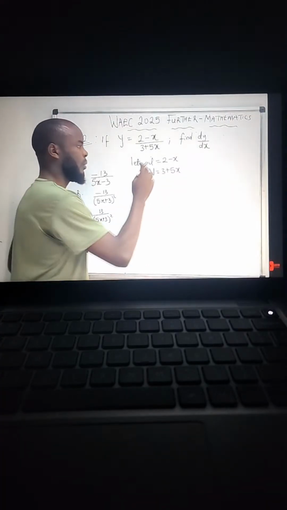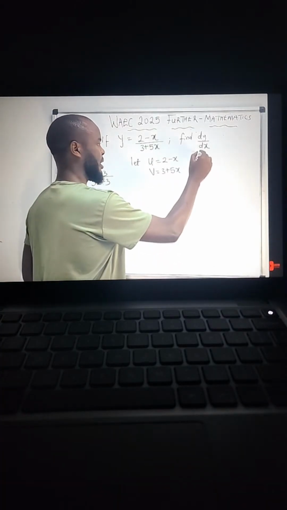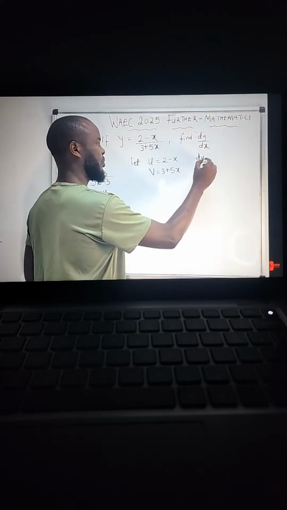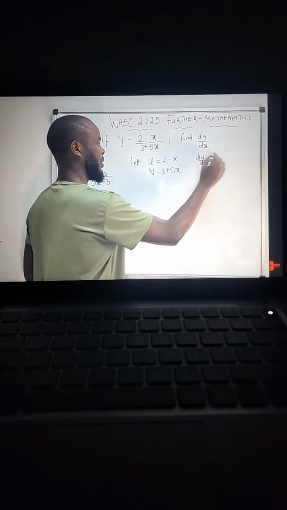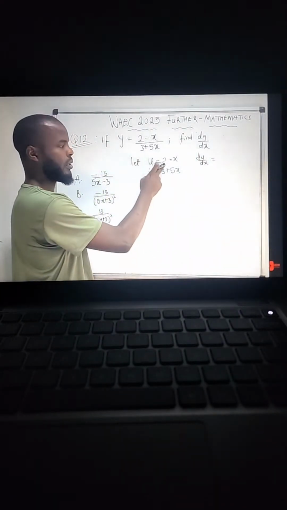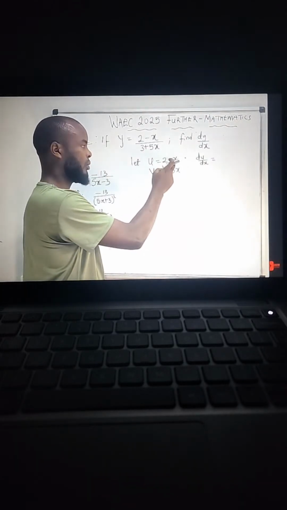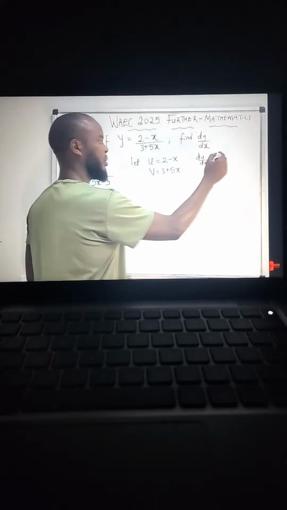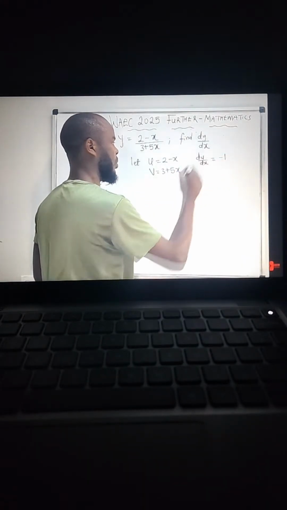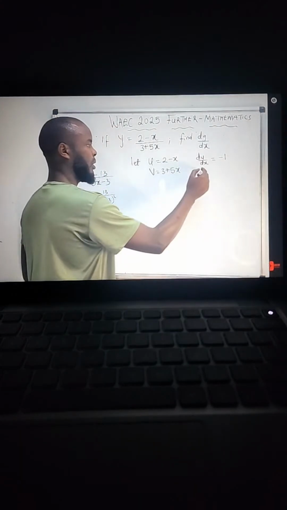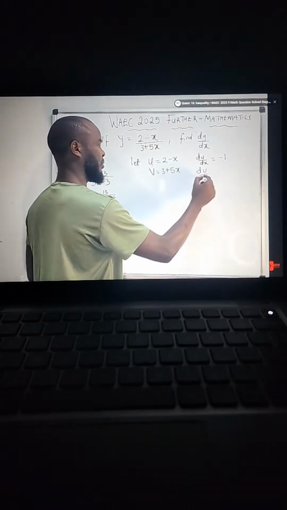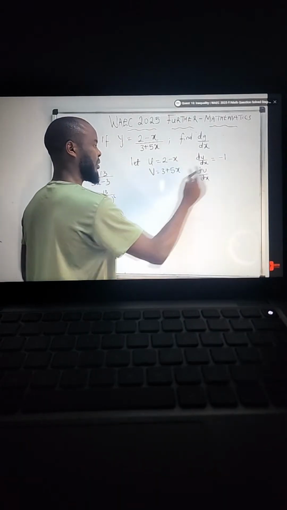Now, what is the derivative of u with respect to x? du/dx. If you differentiate this, this is a constant, right? So this is going to be 0. But if you differentiate negative x, it's going to be negative 1. What about if you differentiate the v with respect to x?